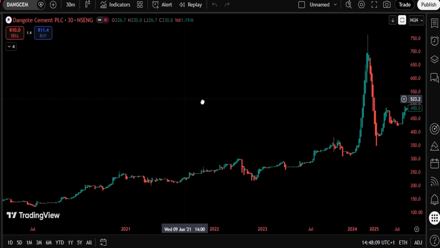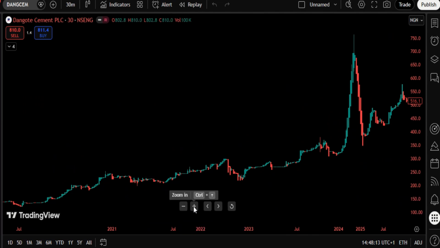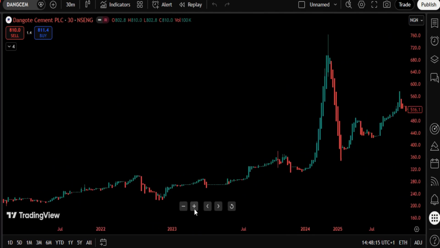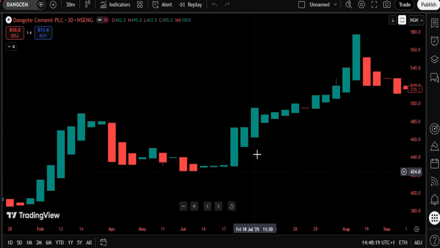Now, let's talk about the most important building block of trading charts, candlesticks. Candlesticks work the same whether you're trading Apple or Tesla stock, Bitcoin, or Dangote cement stock on the NGX. Each candle tells a story about what happened during a specific time period.